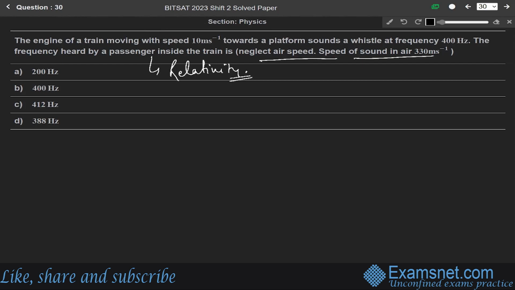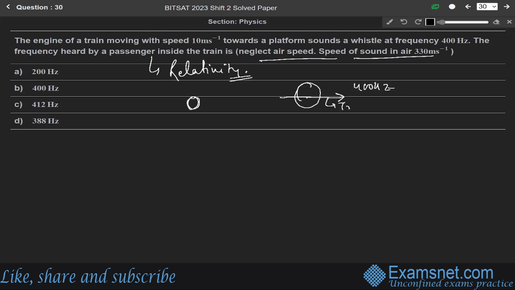So the relative velocity of a passenger with respect to the source of the sound is 0, since the engine of the train is moving towards a platform, and the frequency of the whistle is 400 hertz, and the frequency heard by the passenger sitting inside the train.